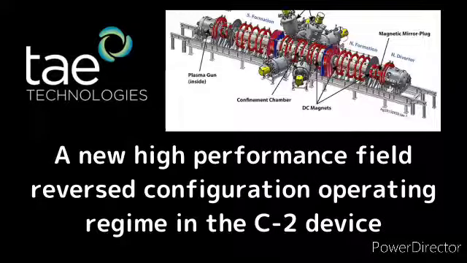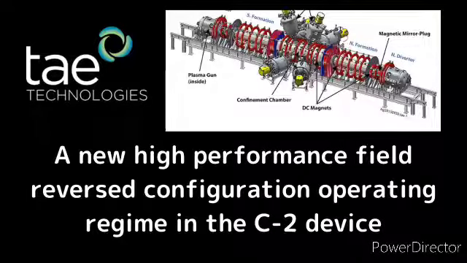FRC lifetime. As the separatrix shrinks radially, this difference quadrupole current is abbreviated as Q equals 1 later in this paper.